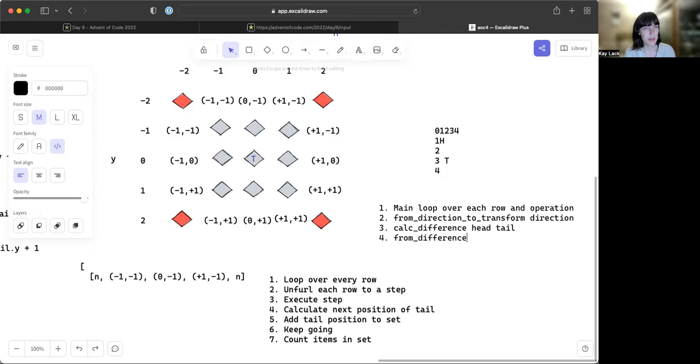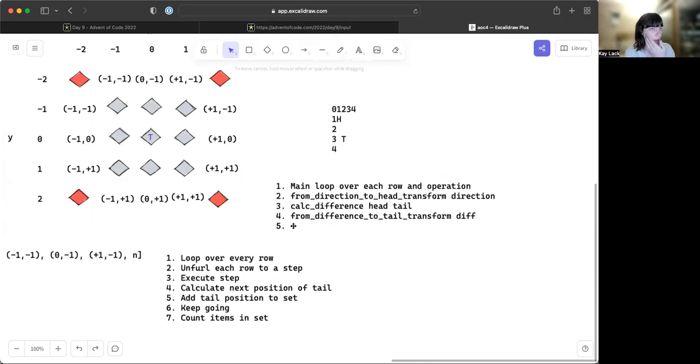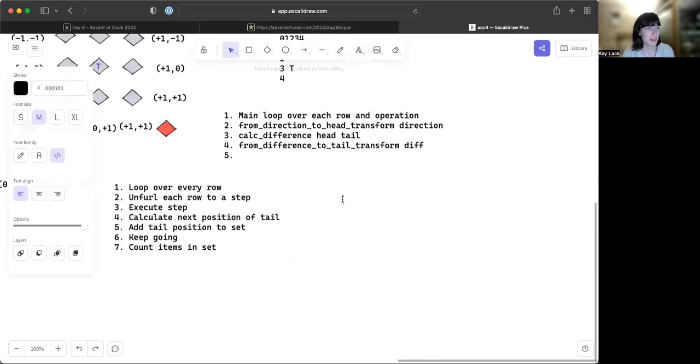From difference to tail transform. That's basically it. So in terms of a plan of action, what do we want to do?